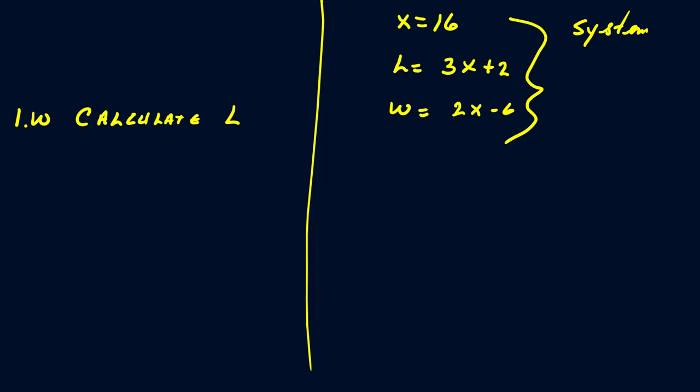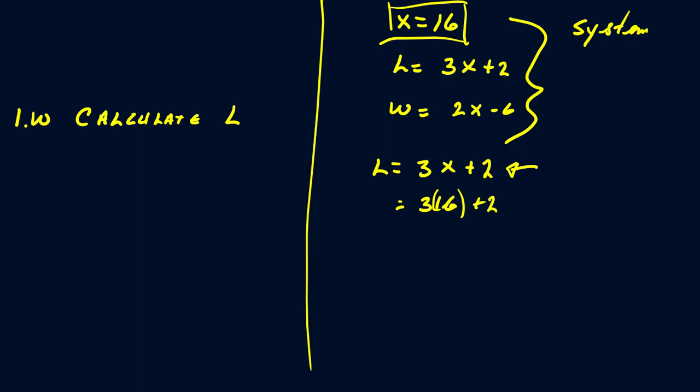So we write the equation. L equals 3x add 2. We'll now substitute that value of x into this equation. Equals 3 times 16 add 2. That equals 48 add 2.